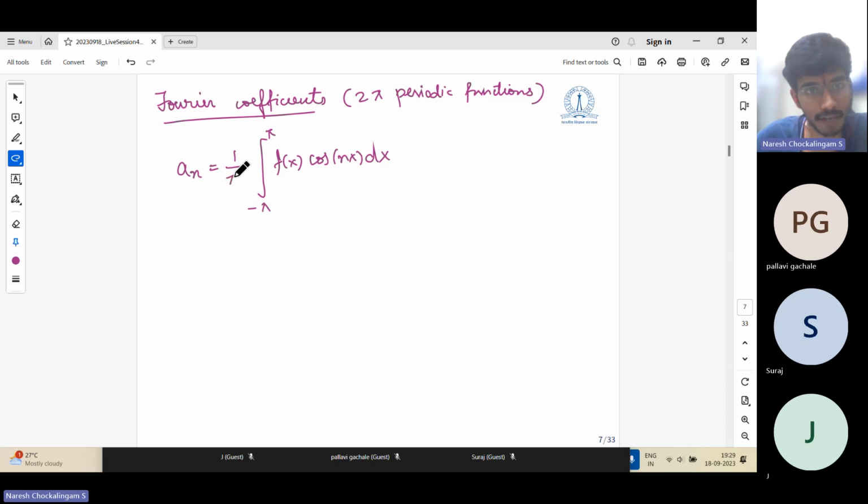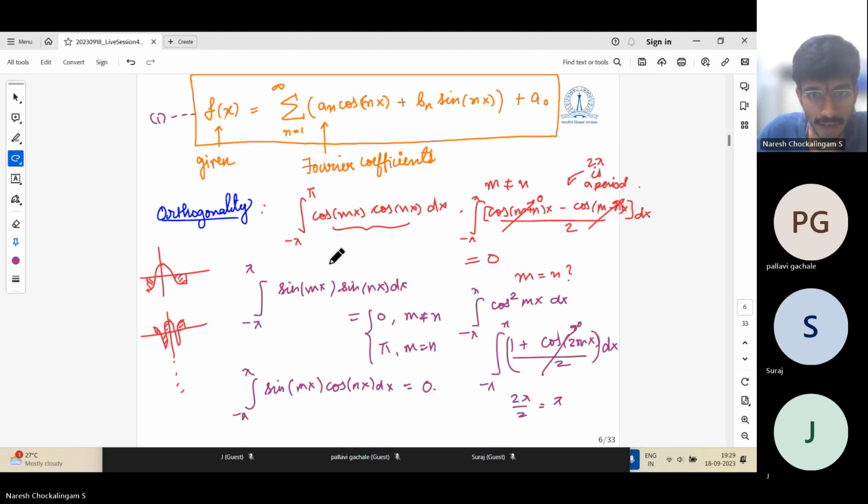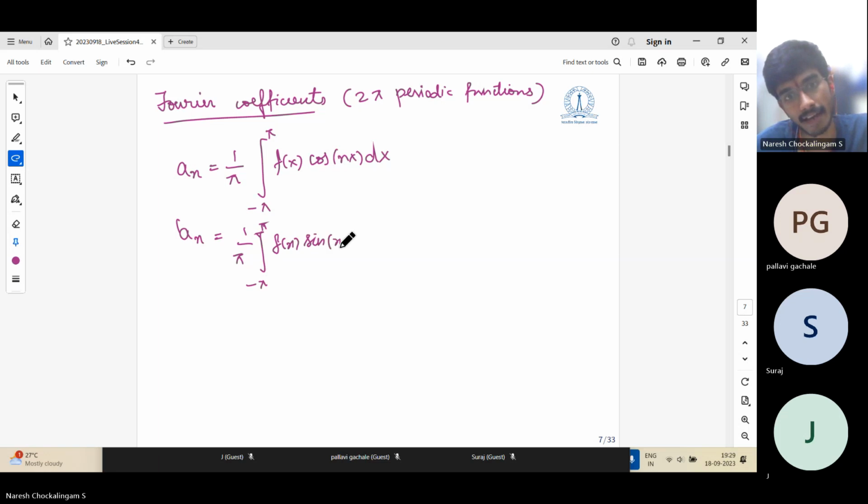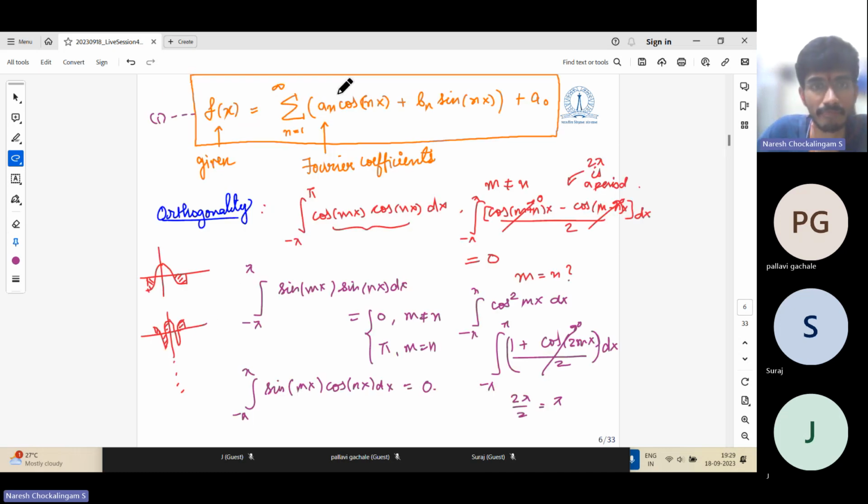Let us bring it down. So you get a 1 by pi. Similarly, bn, using the second formula, is pi when m is equal to n and all other terms vanish. Therefore, bn is equal to 1 by pi times the integral from minus pi to pi of f of x sine nx dx. And you also have this a naught term. So just integrate on both sides from minus pi to pi, don't multiply by anything.